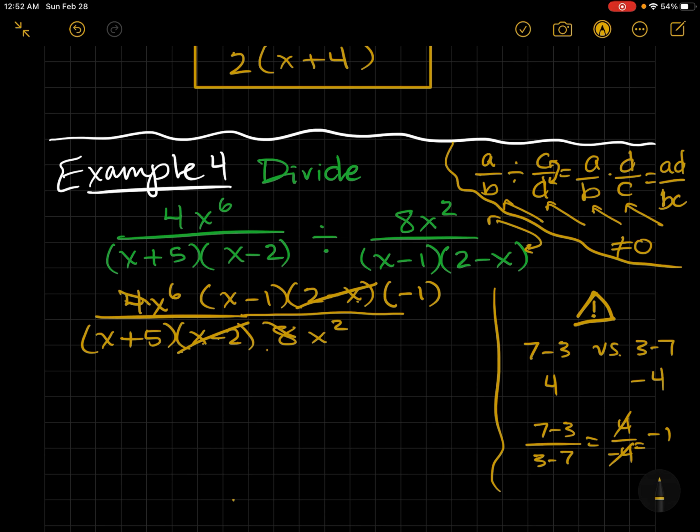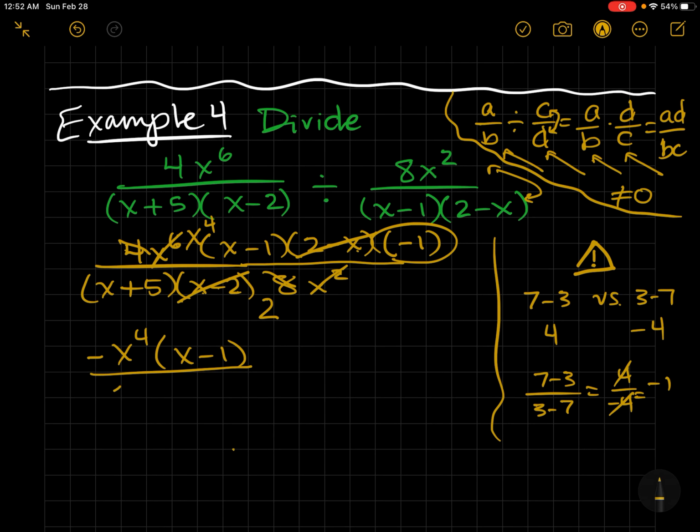Okay, now 4 goes into 8 twice, and 6 minus 2 is 4. So this is x to the 4th power. So in the numerator, it appears I'm left with x to the 4th, x minus 1, and I also have this negative 1. I'm just going to put a negative right there.